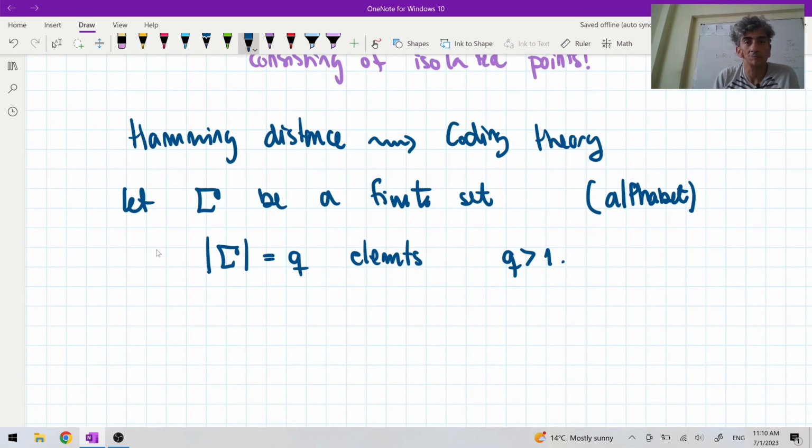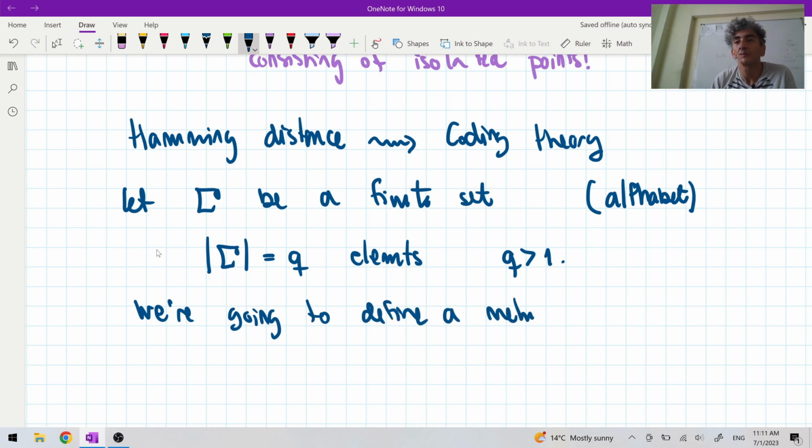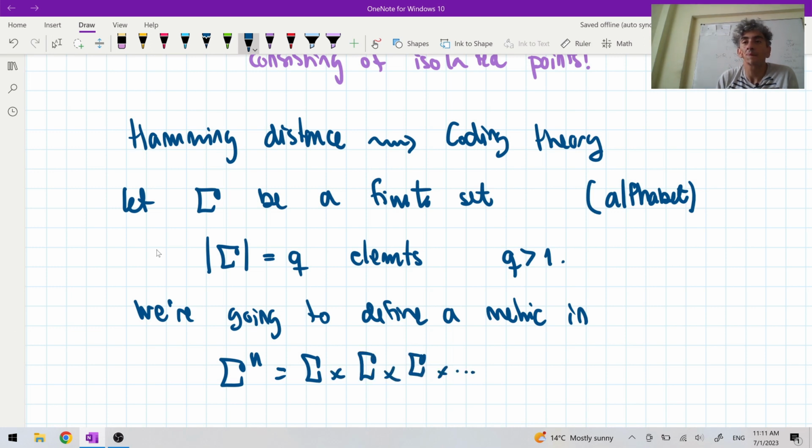We're going to define a metric in the Cartesian product, sigma to the n, which is sigma Cartesian sigma Cartesian sigma taken n times. This is the Cartesian product of sigma with itself n times.